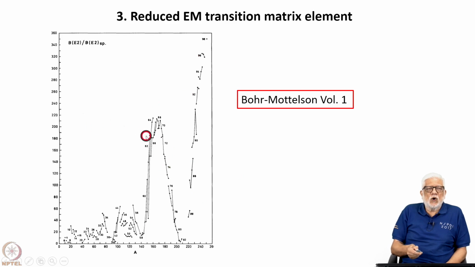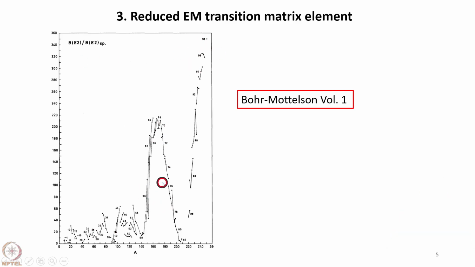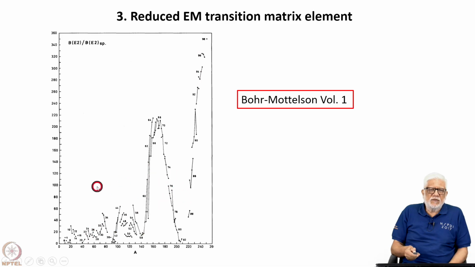For instance, this is of the order of about 200 or so. In the case of the heavy actinides, it even goes up to about 350 or so. Of course, since this is also proportional to the number of protons contributing to this deformation, even if nuclei are deformed in light nuclei, their BE2 is smaller. Okay.